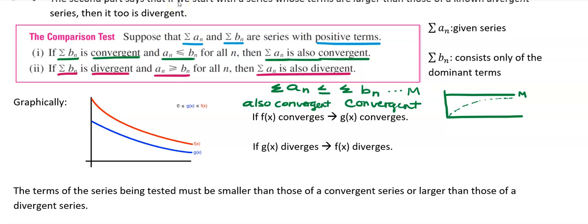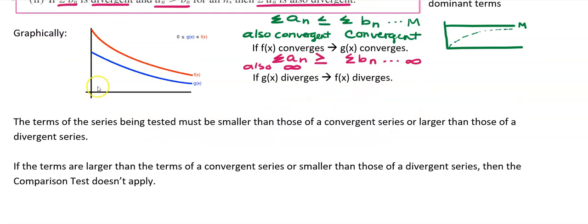So thinking about that, kind of putting it into symbols, if we have our a sub n being compared to our series b sub n, and we know that a sub n is greater, but b sub n approaches infinity, right, because it's not converging, it's diverging, then a sub n has to be greater than infinity, which would force it to also be going towards infinity. So it would also diverge.